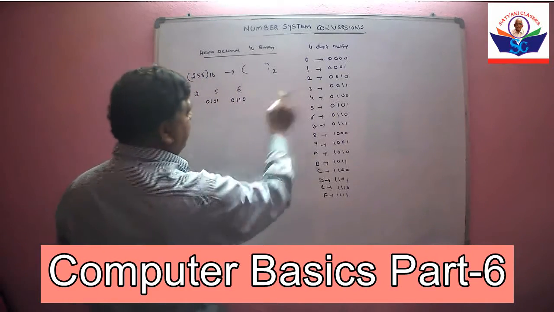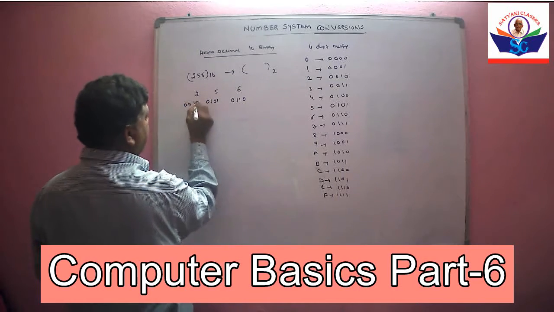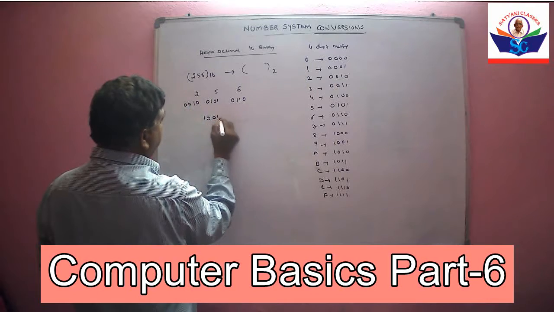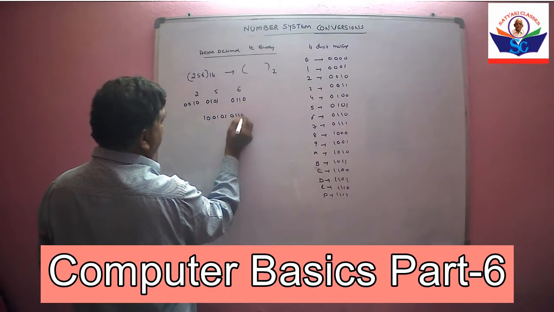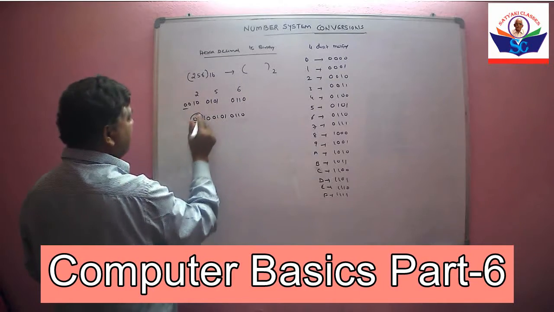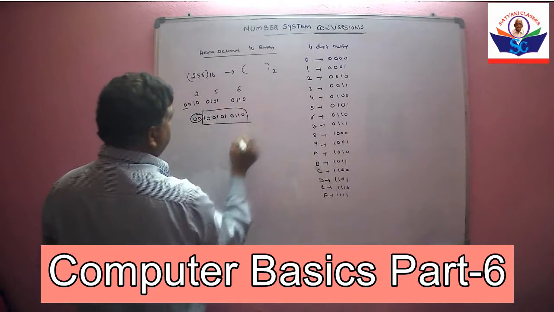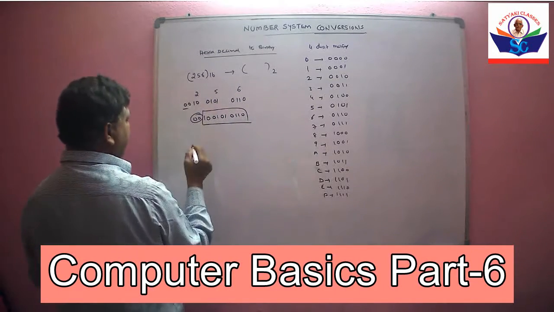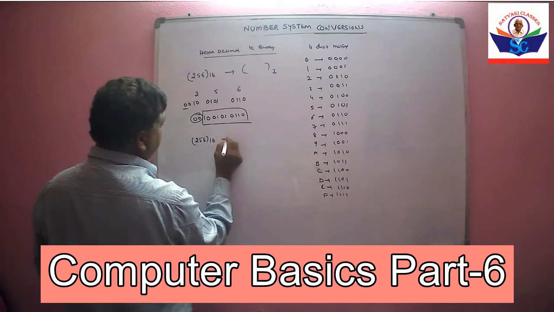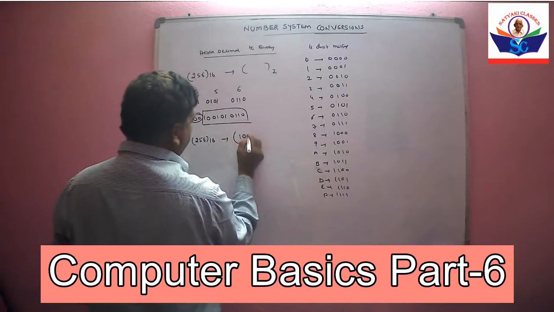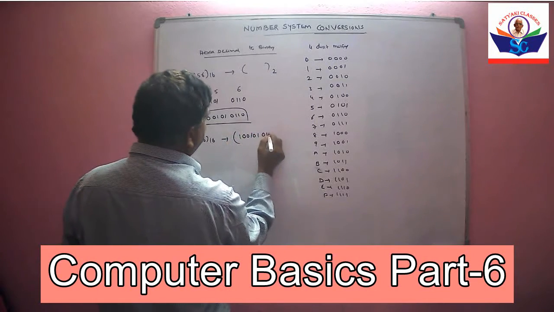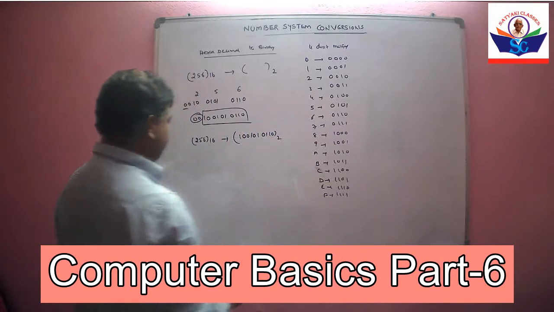Of 2? 0 0 1 0. Combine them: 0 0 1 0 0 1 0 1 0 1 1 0. The leading zeros do not contain any value. So 256 in hexadecimal is equivalent to 1 0 0 1 0 1 0 1 1 0 in binary.